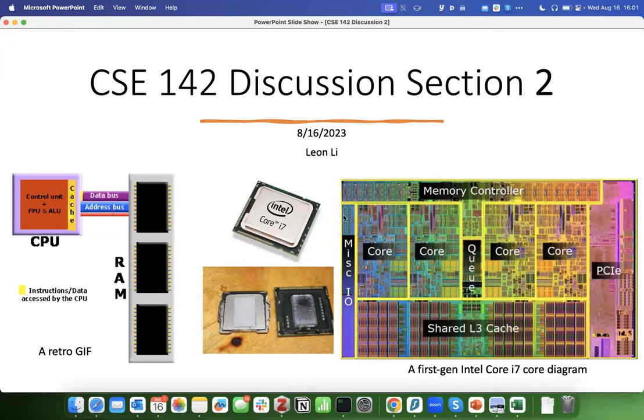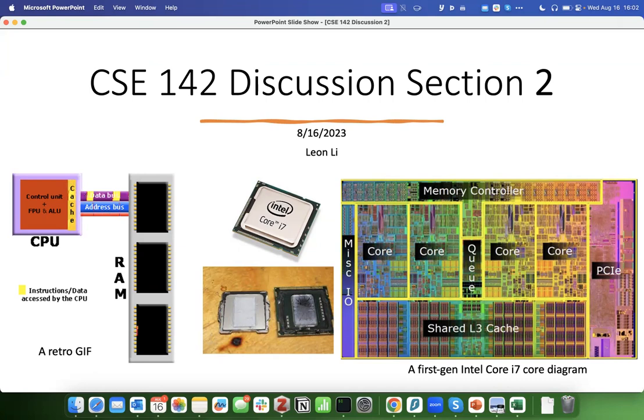And then the other diagram, this is the core of a first generation Intel i7. So let me move the controller over there. This is a first generation Intel Core i7, the inside structure. You see, this is what you buy, right? The main processor. And then if you remove the lid, then you'll see the bare die.